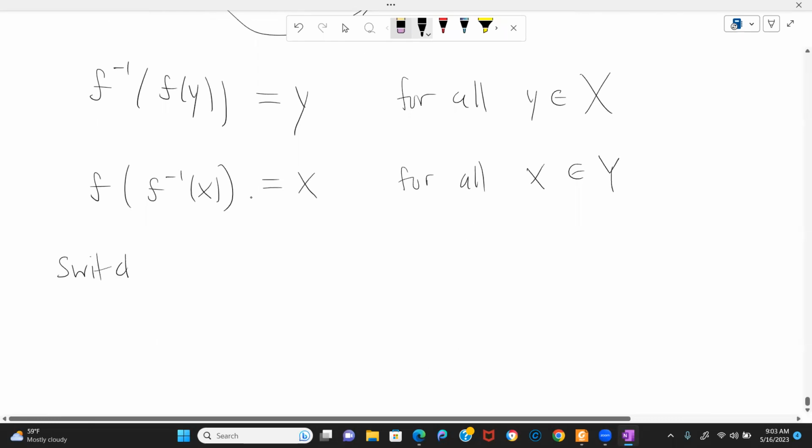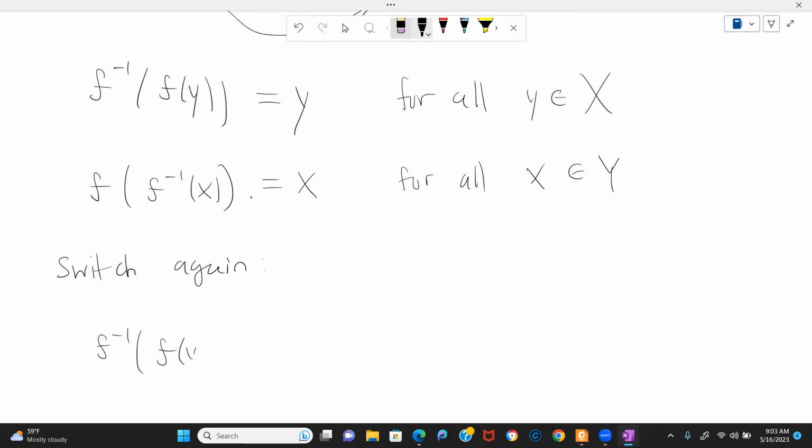That was kind of annoying. I don't know why the book did it that way. But let's switch again. So now I'm going to switch one more time and write it like this.